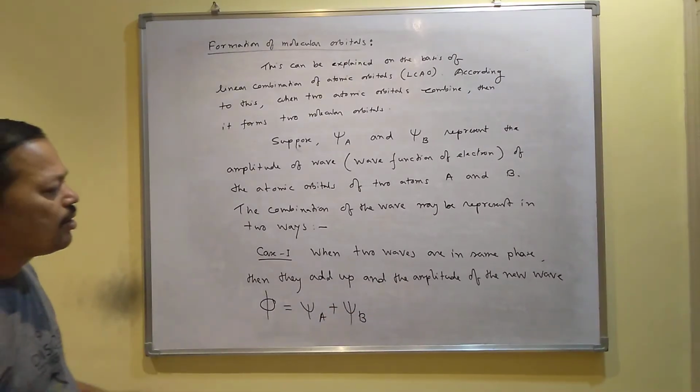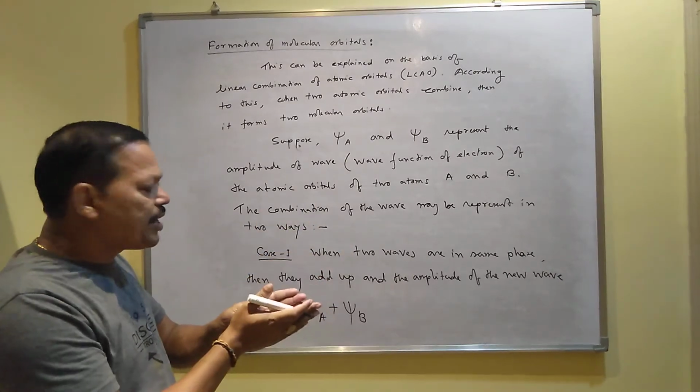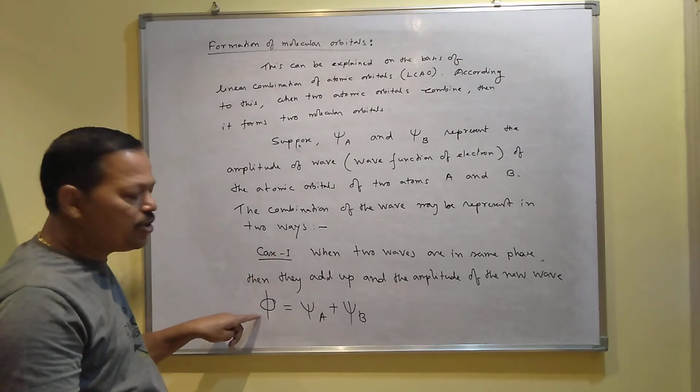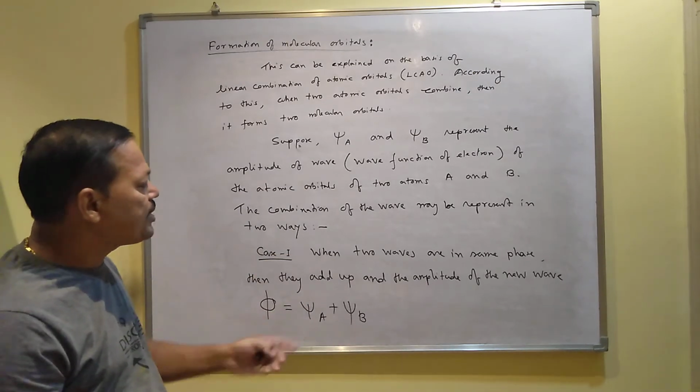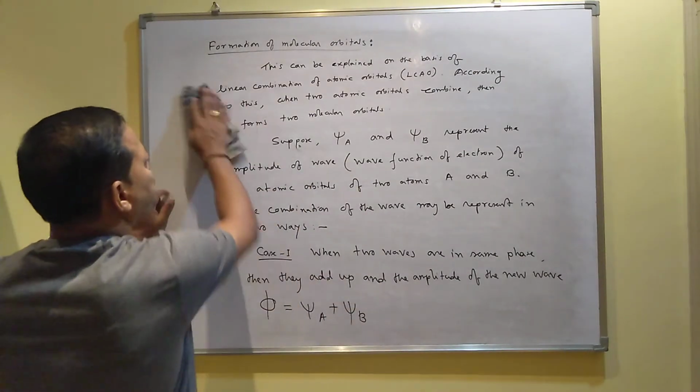This is case 1: when both waves are in same phase, they add up and the amplitude of the new wave phi is equal to psi A plus psi B.